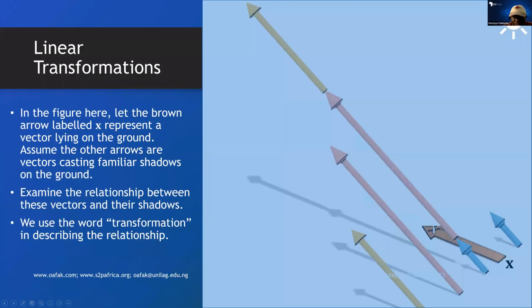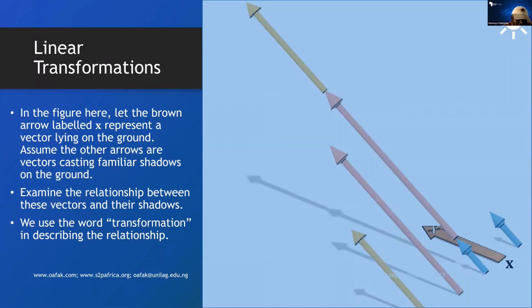So, linear transformations. I'm sure the linear transformation of a shadow is now beginning to be clearer as a tensor transformation. In the figure here, let the brown arrow labeled X represent a vector line on the ground. Assume the other arrows are vectors casting familiar shadows on the ground.